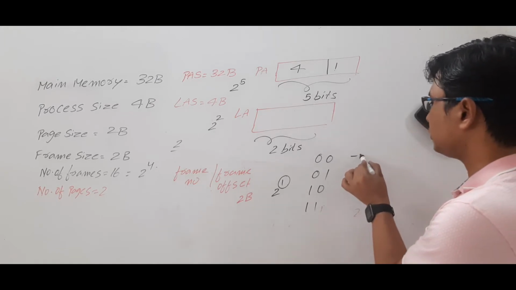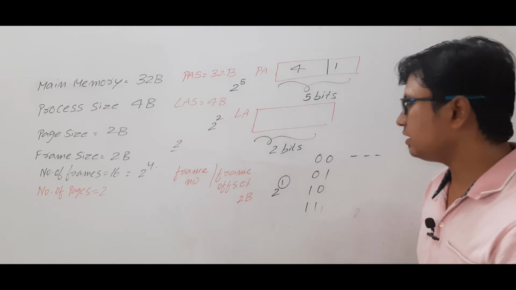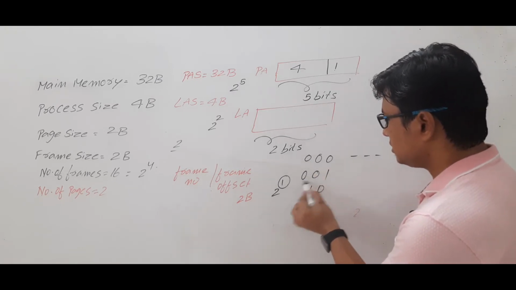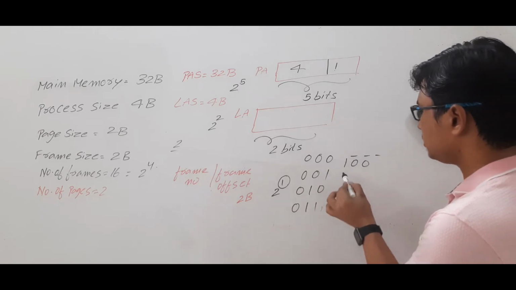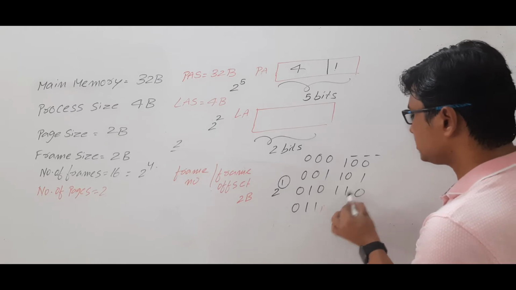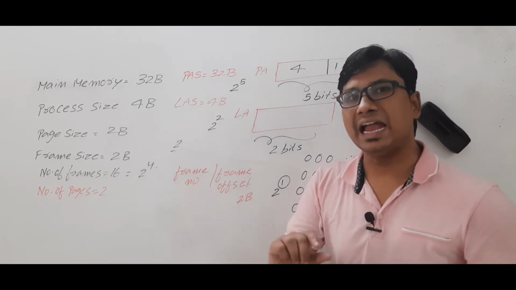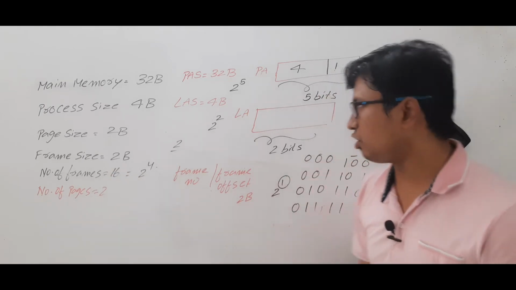Similarly, if you have 3 bits and each bit can be either 0 or 1, then you will have 8 combinations: 000, 001, 010, 011, 100, 101, 110, 111. So similarly, if you have 4 bits and each bit can be either 0 or 1, then you can generate 16 combinations.